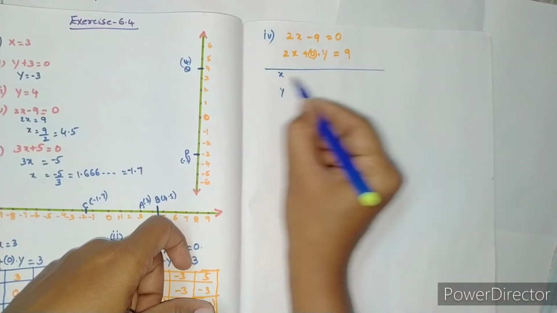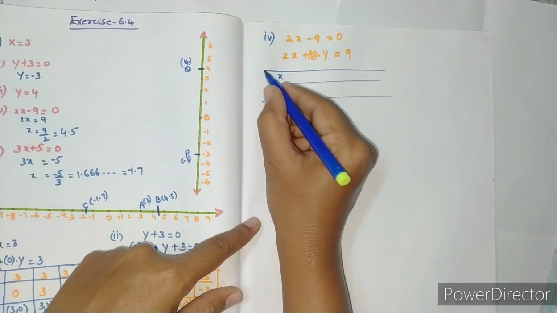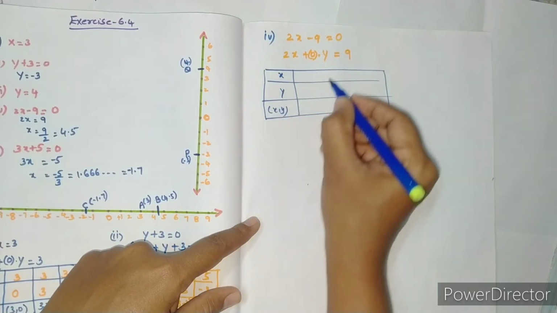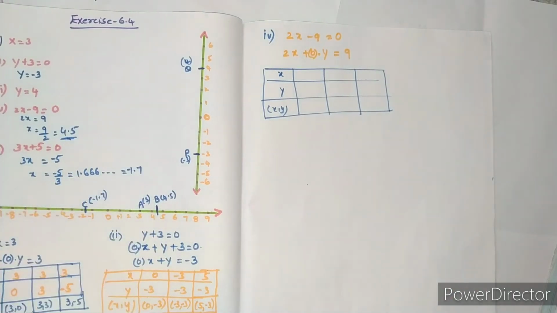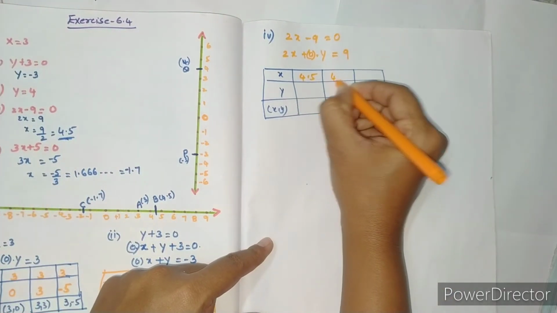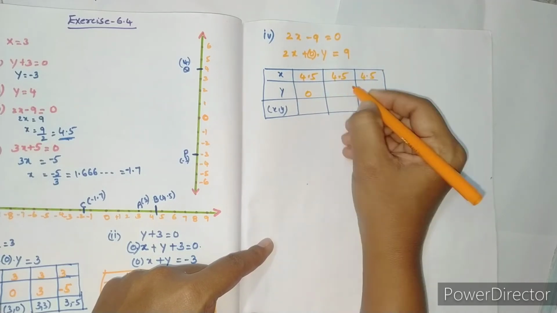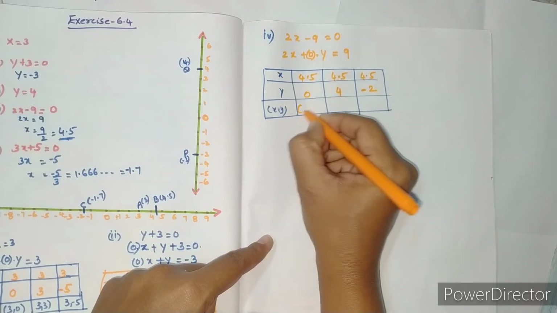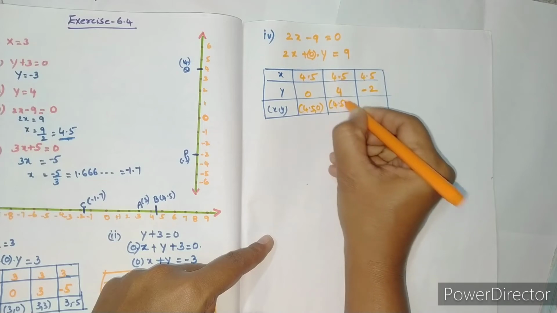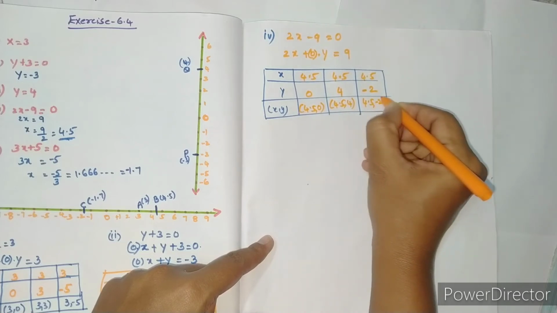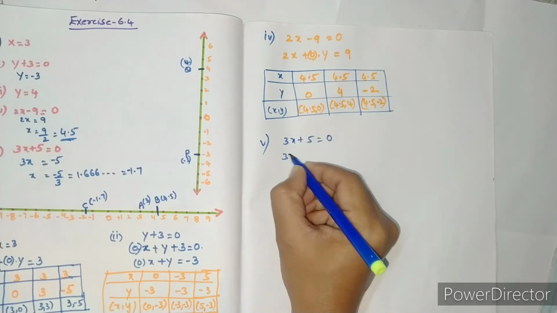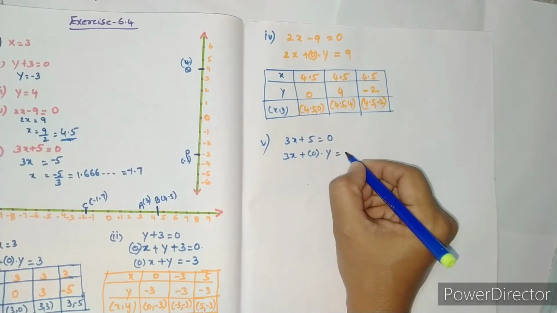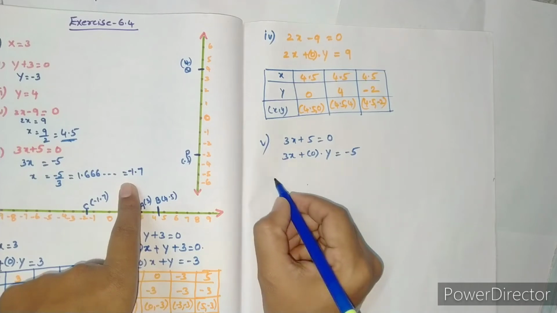Here the x value is 4.5. Always x value 4.5 will be taken and we'll change the y value. Here y, I am taking 0, 4, minus 2. The points I also wrote. Similarly, for the fifth one, what is the x value? Minus 1.7.